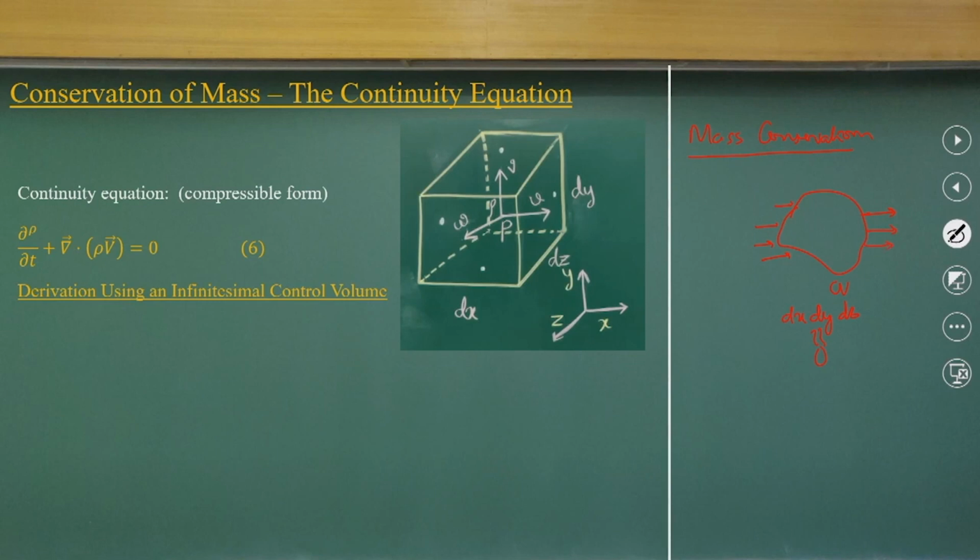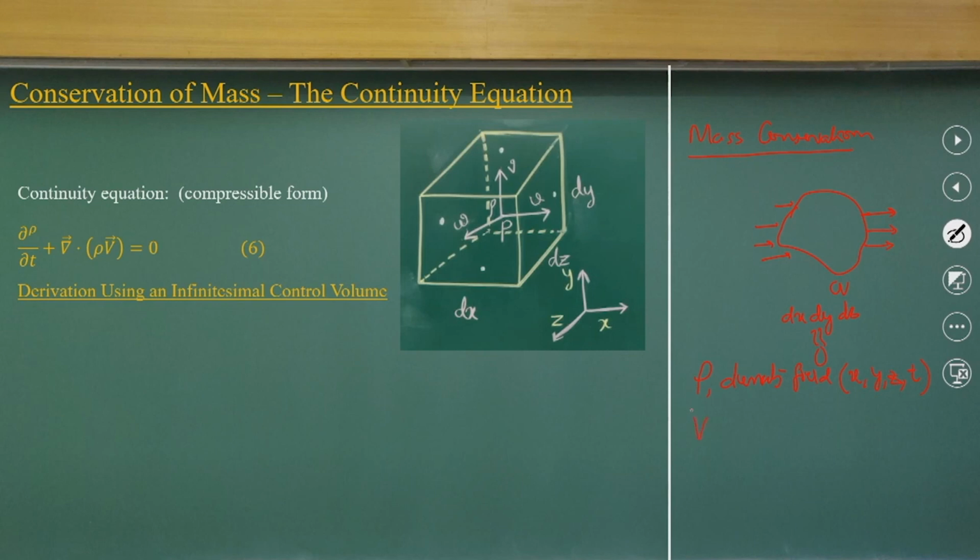As we derive it, the basic components are: rho is the density field, which is a scalar quantity, a function of position x, y, z in Cartesian coordinates. Then you have the time component.